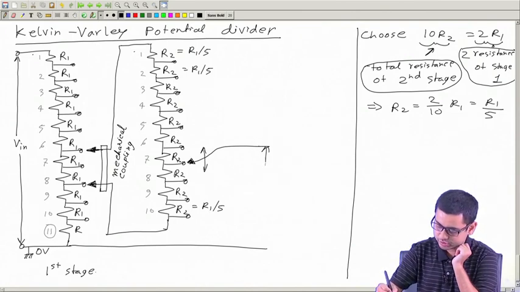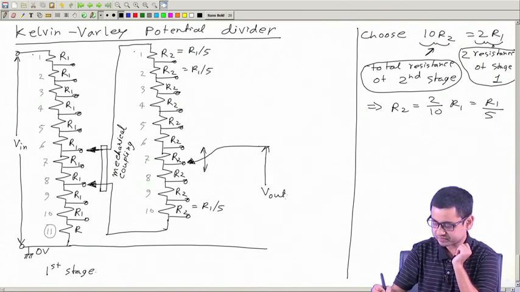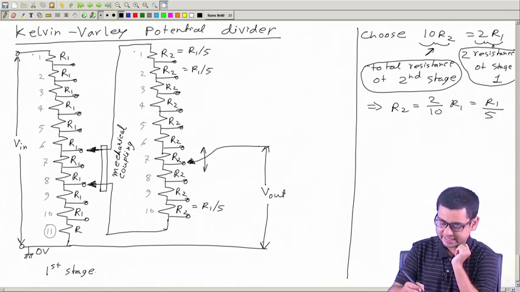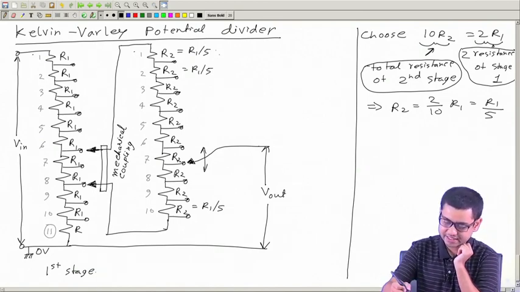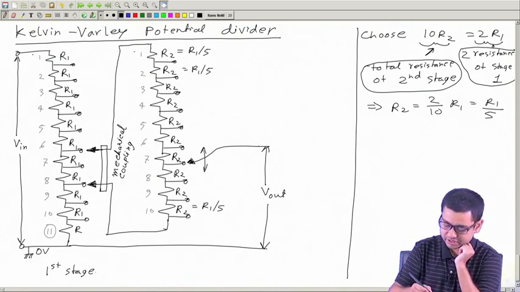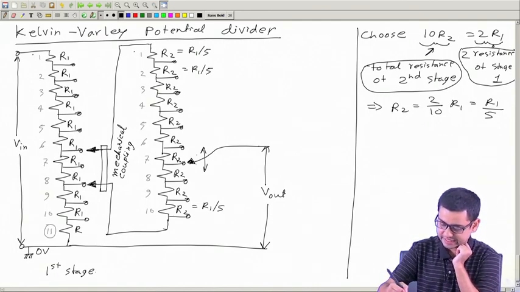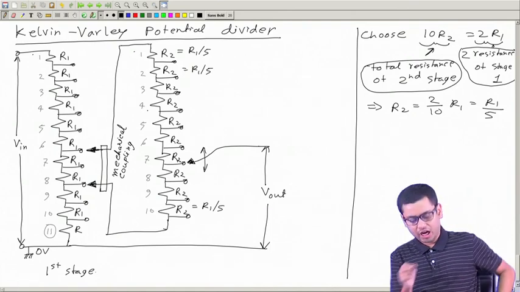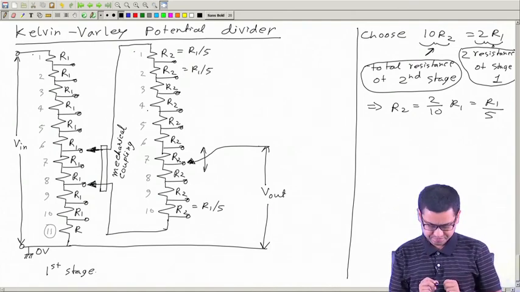So, between these 2 points I will take V out. Okay. So, the main trick is here, that this mechanical coupling moves together, and the second trick is the choice of these resistances. I have chosen 2 R 1 same as this 10 R 2. Now, how does this help?